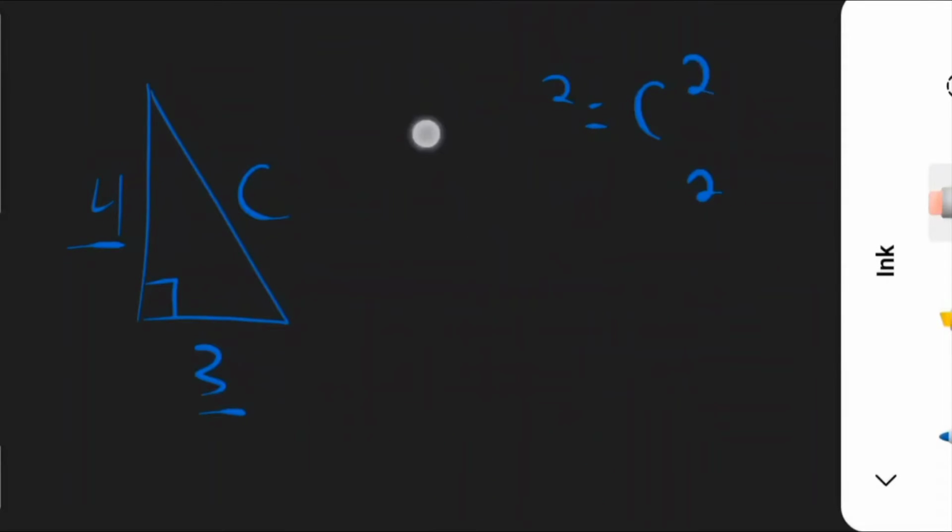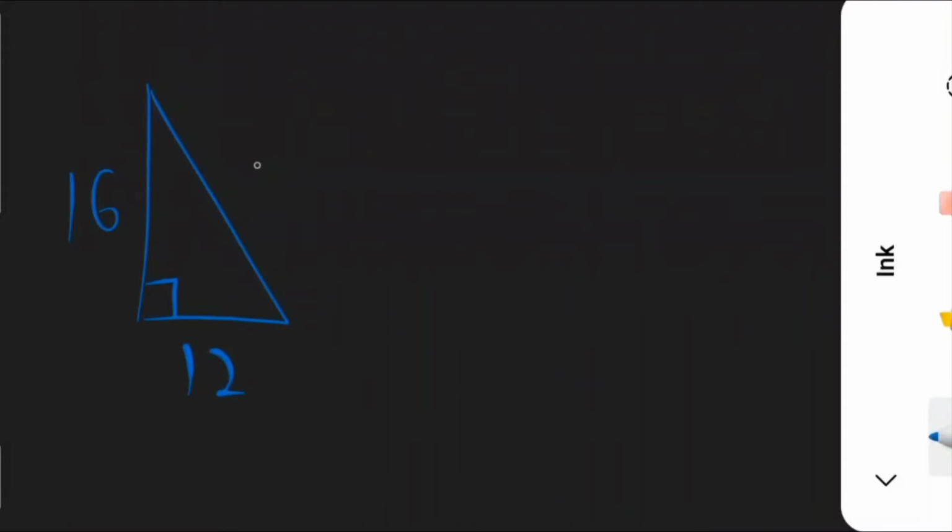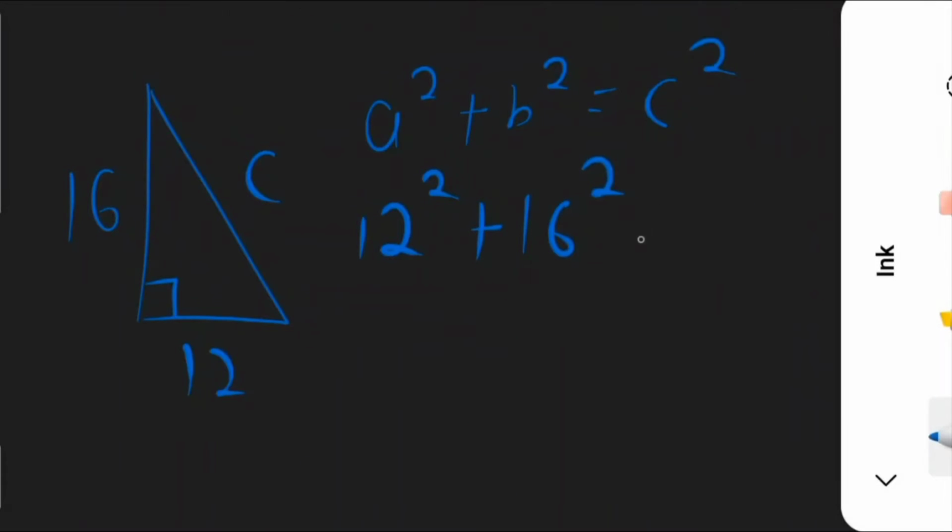Now we'll run through another problem here. Again, we have a right triangle because we're using the Pythagorean theorem. We'll say that this length is 16 and the length of this leg is 12. And again, we need to solve for the hypotenuse. We know a squared and we know b squared, but we still need to solve for c. So 12 squared plus 16 squared equals c squared.